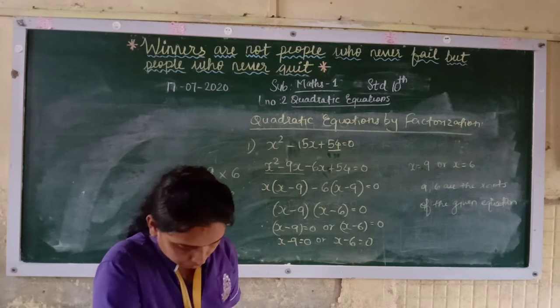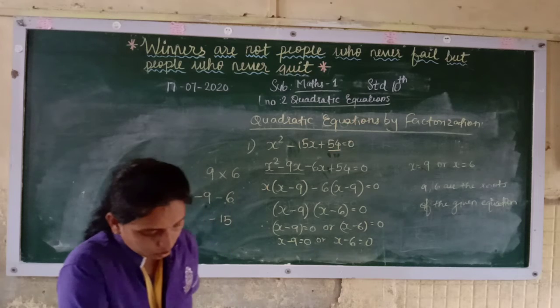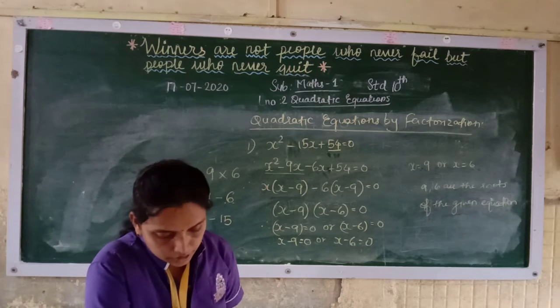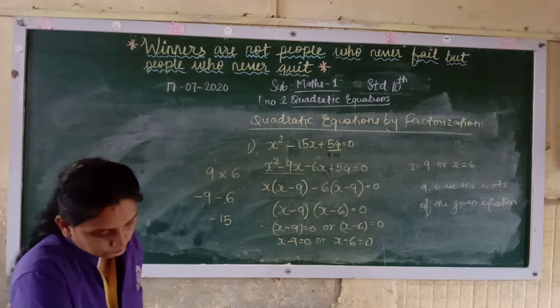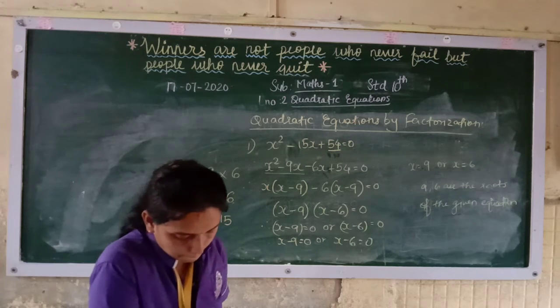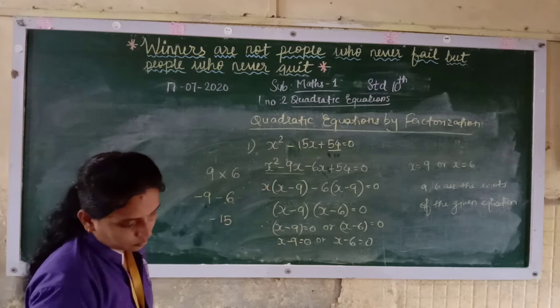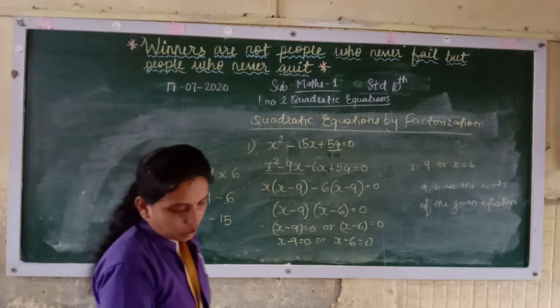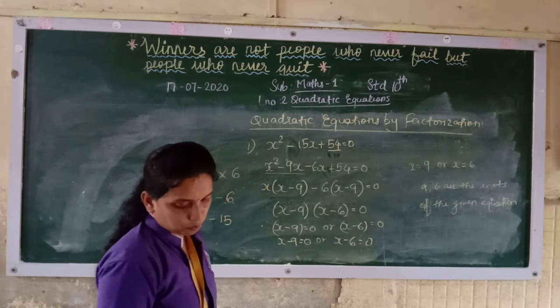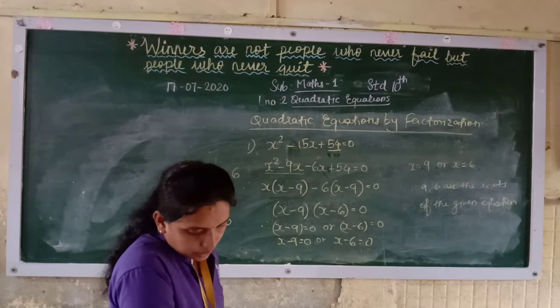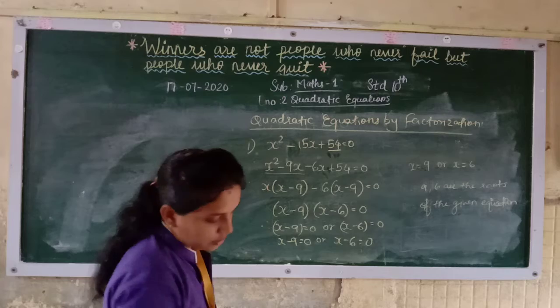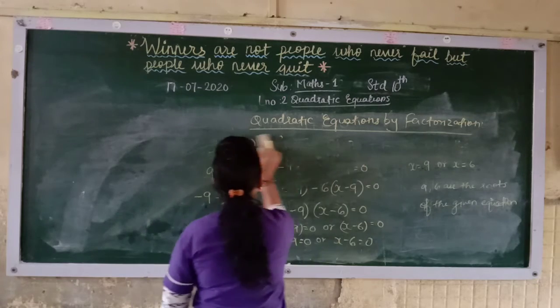Now see the second one, it is easy, you can easily do these sums. We'll see the third one because there the coefficient is there.